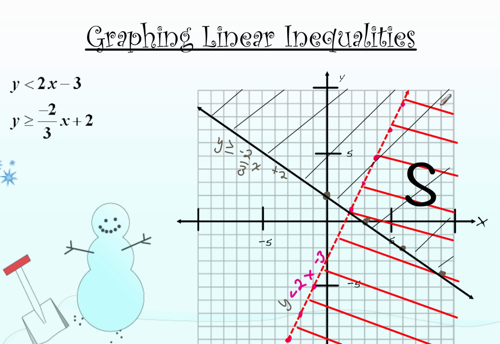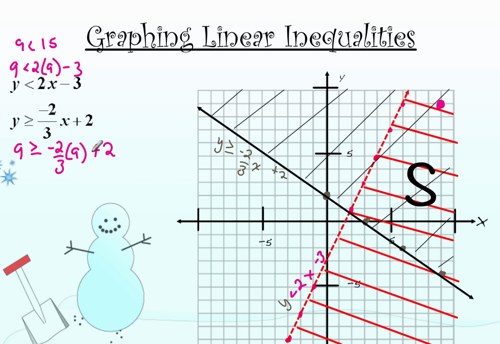So go ahead, pick a point. I'm going to pick that point right there. That's the point 9, 9. If I put 9, 9 into each one, I would get a true statement. Let's see, that's 18 minus 3, which is 15. Is 9 less than or equal to 15?